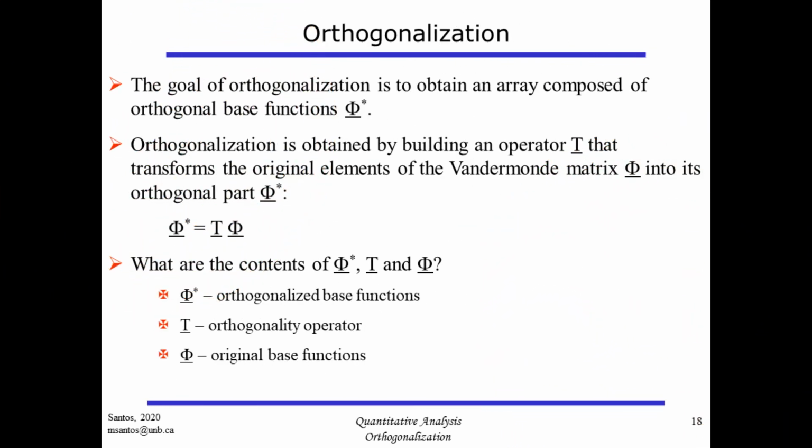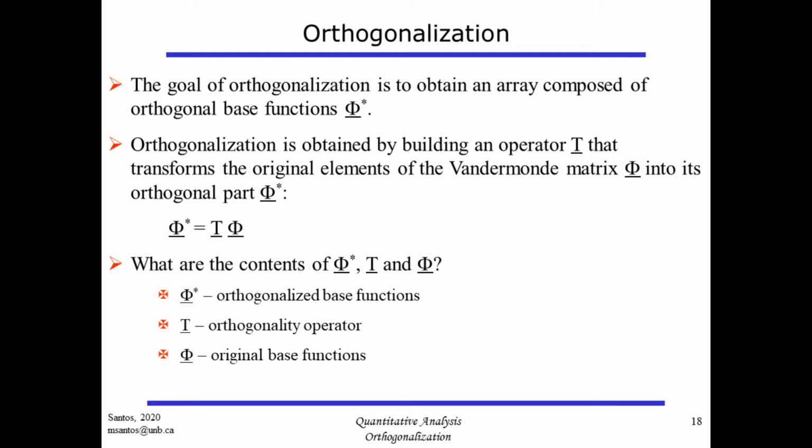The goal of orthogonalization is to obtain an array composed of orthogonal base functions. Orthogonalization is obtained by building an operator T that transforms the original elements of the Vandermonde matrix into its orthogonal part. So that's the whole process of orthogonalization.